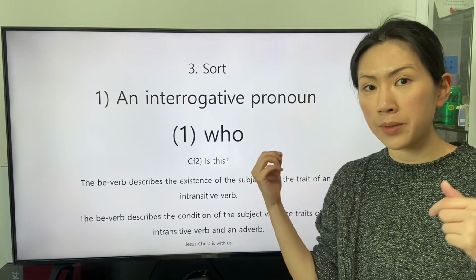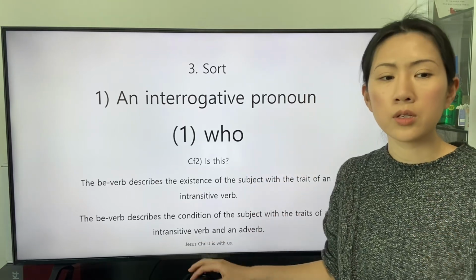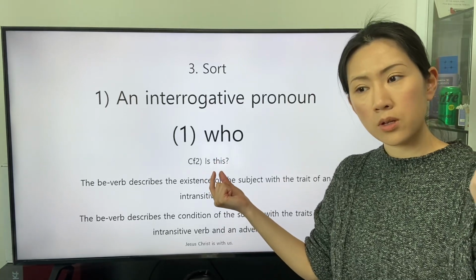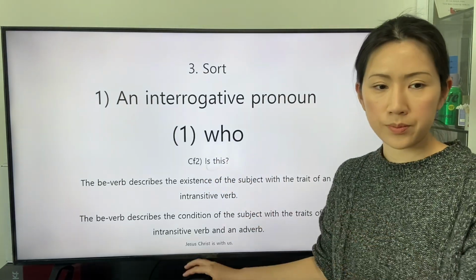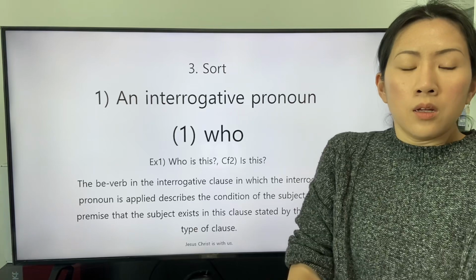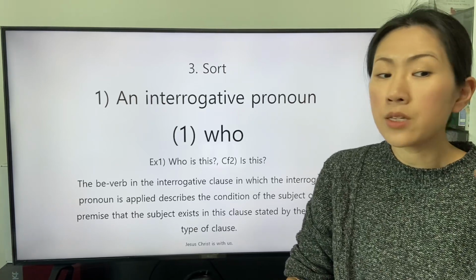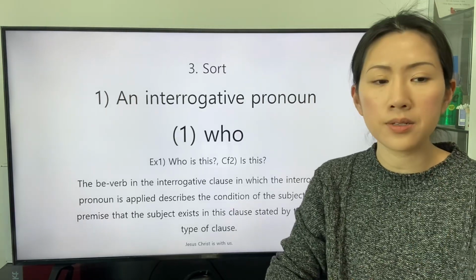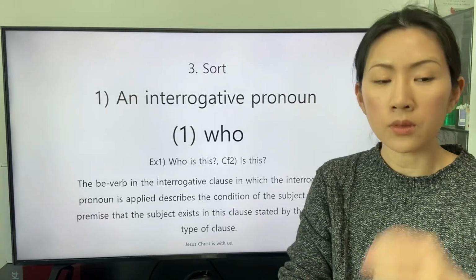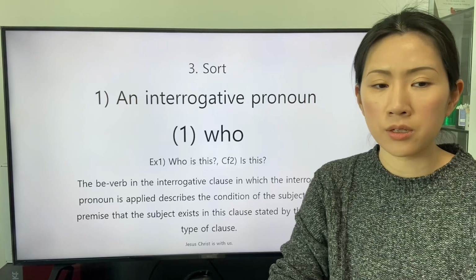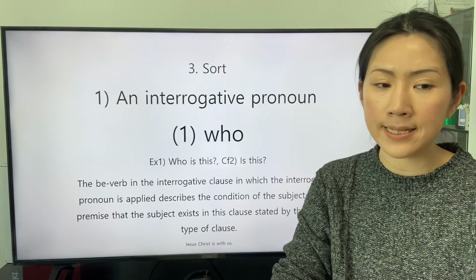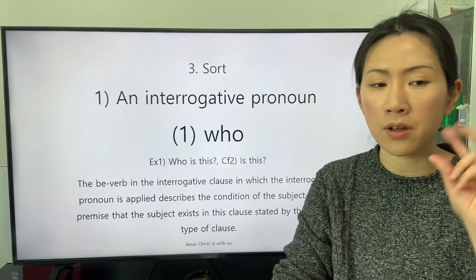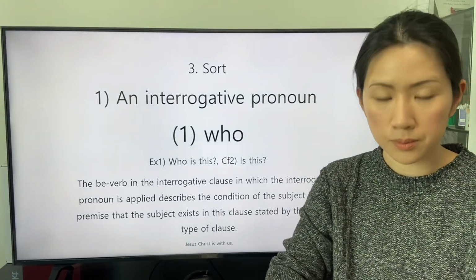The subjective complement is not stated in the clause, so the be verb describes the existence of the subject. The be verb in the interrogative clause in which the interrogative pronoun is applied describes the condition of the subject on the premise that the subject exists in this clause, stated by the second type of clause.